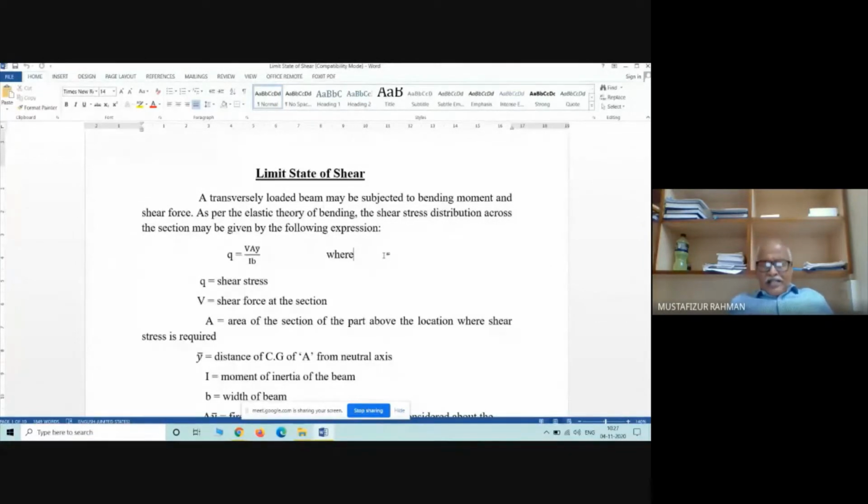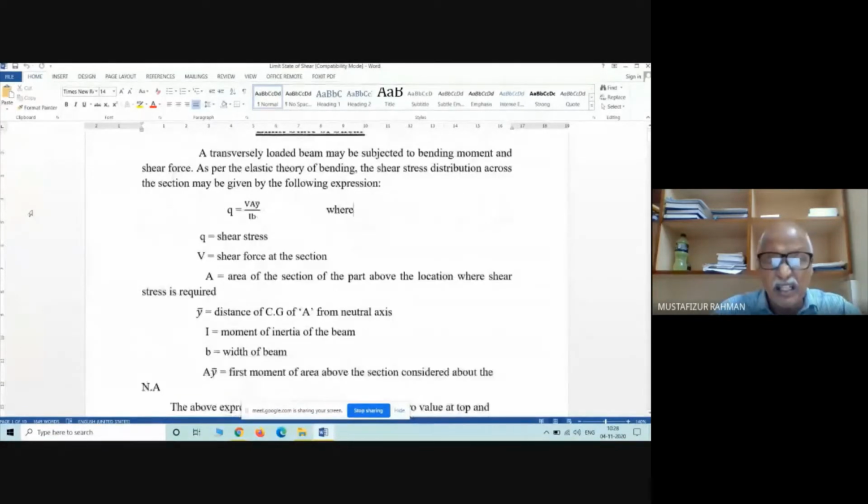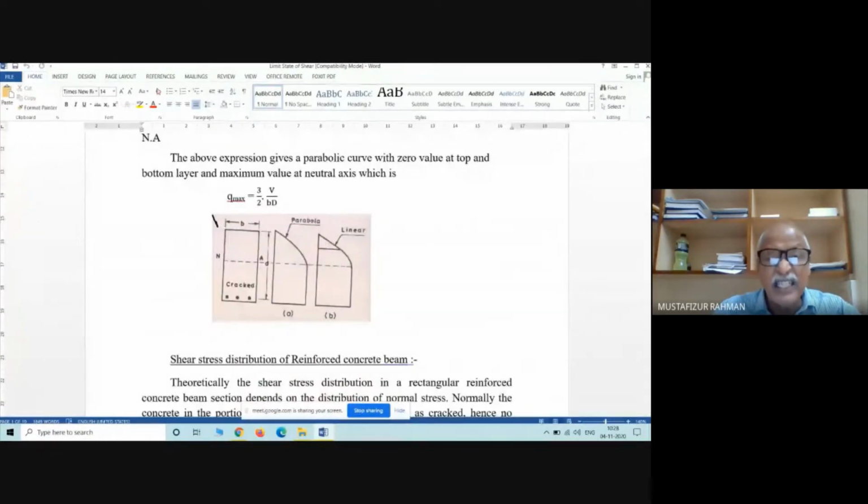Bending stress and shear stress are just opposite. In the section, at the surface where the bending stress is maximum, the shear stress is 0. Now, see one figure. This is the shear stress distribution diagram.